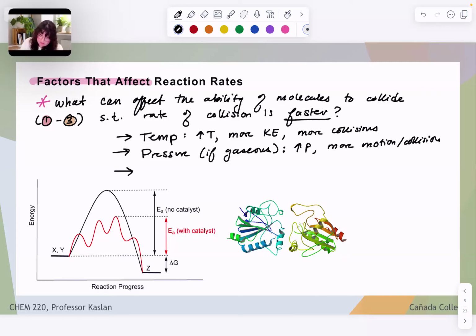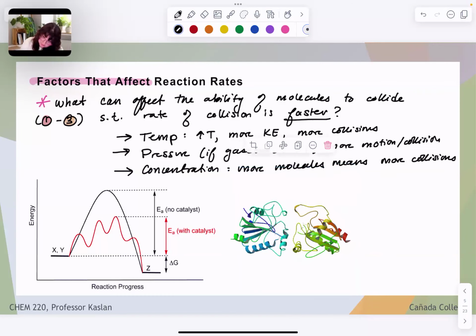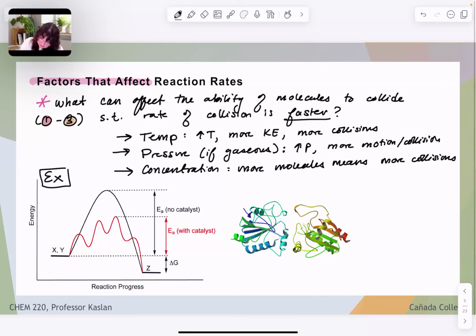We could also have something like concentration. More molecules means more collisions. And then we can also have something called a catalyst.